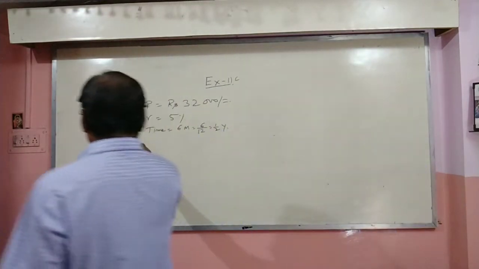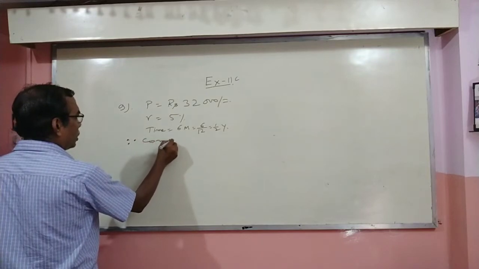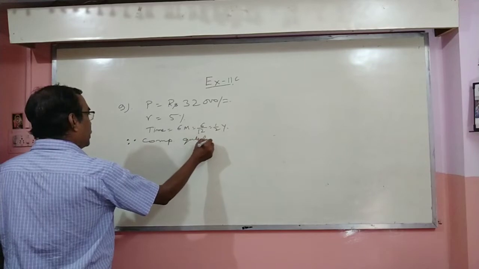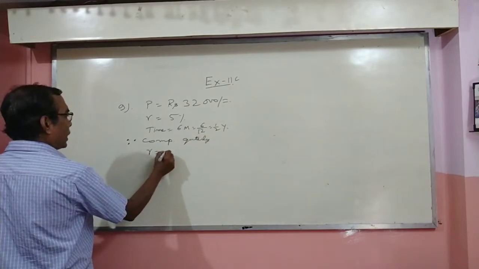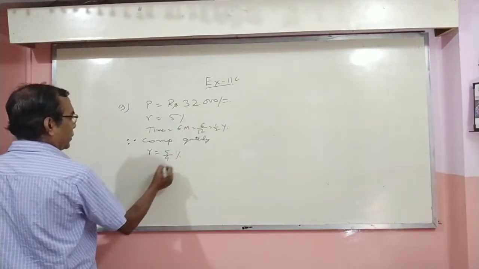Since compounded quarterly, the rate will be divided by 4, that is 5 by 4%.